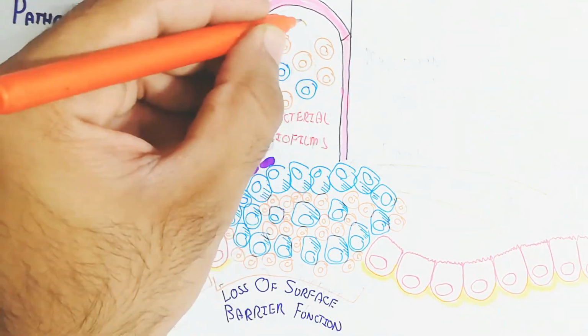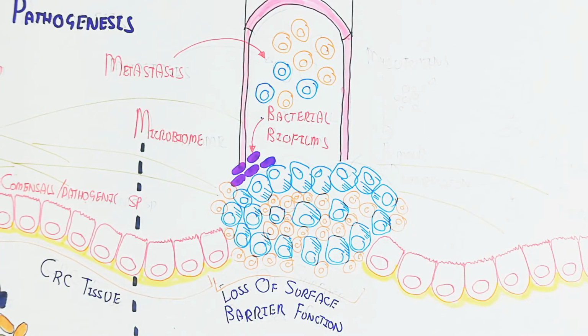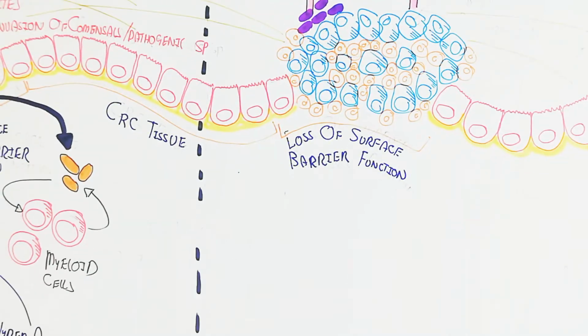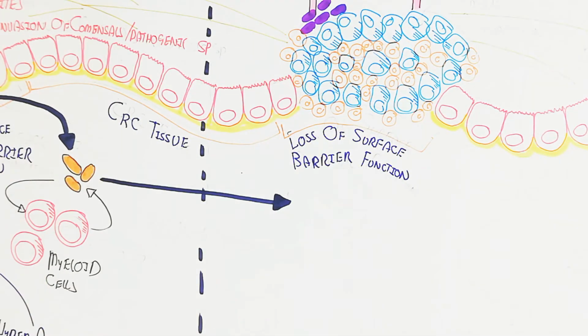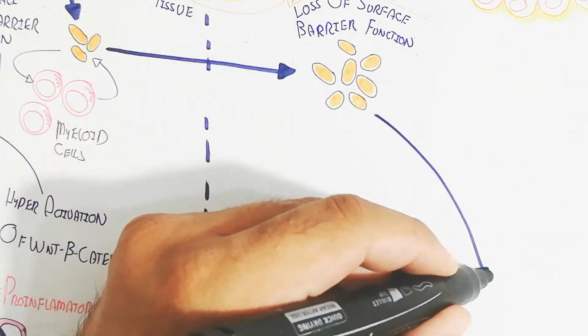In this way the cells will move into the blood circulatory system, where they can easily reside in different tissues to progress to stage 4 of cancer.